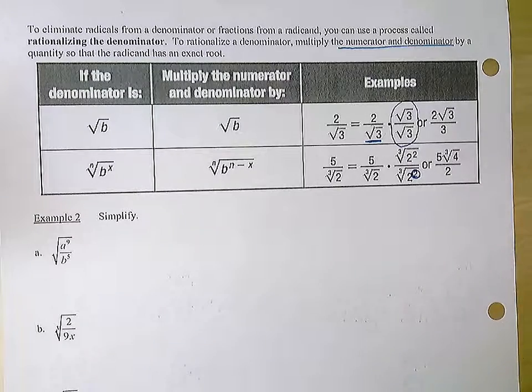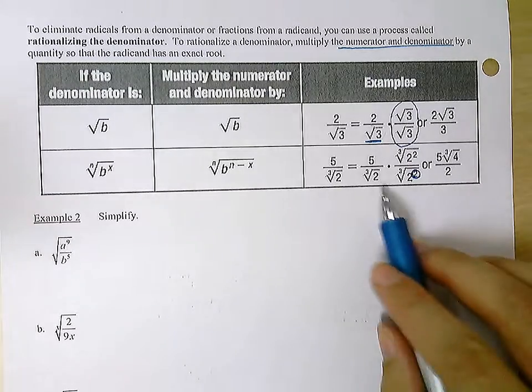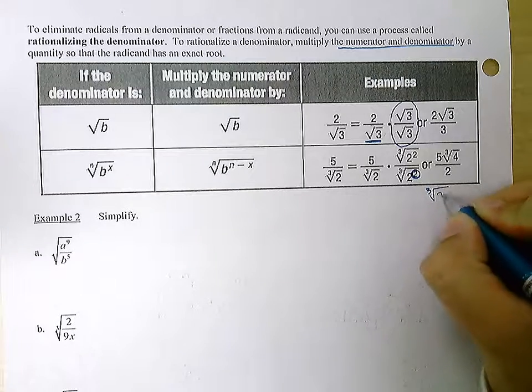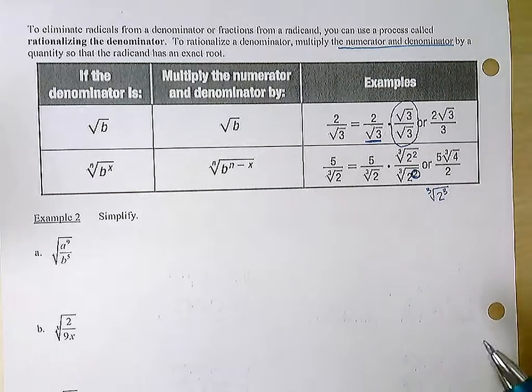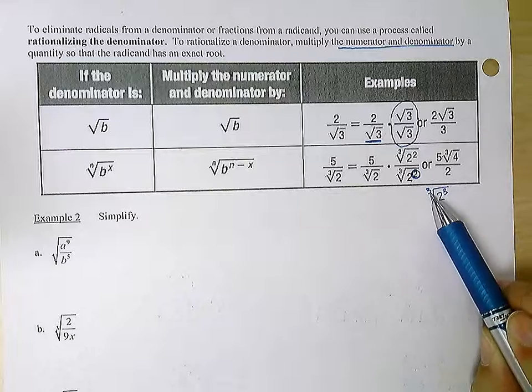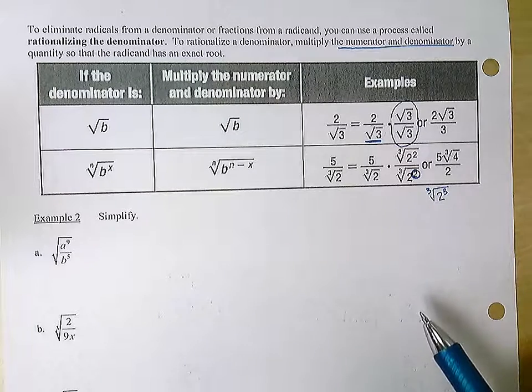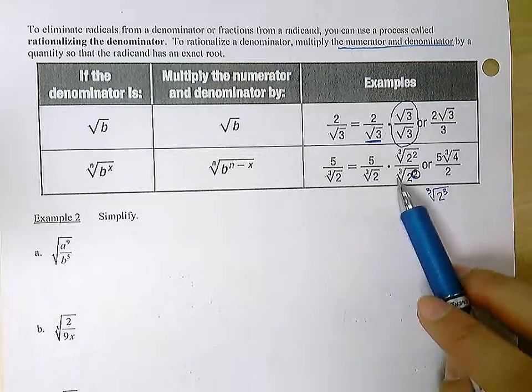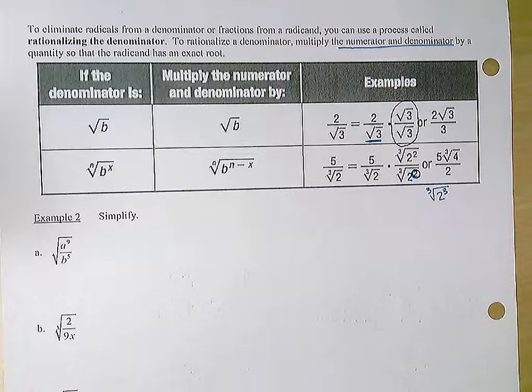That squared needs to be there so that when you multiply across, you end up with the cube root of 2 cubed. So that cube and that cube root can cancel out, because you need that radical to cancel. So you can't just multiply by that same number. You do have to change it a little bit when you have that nth root.